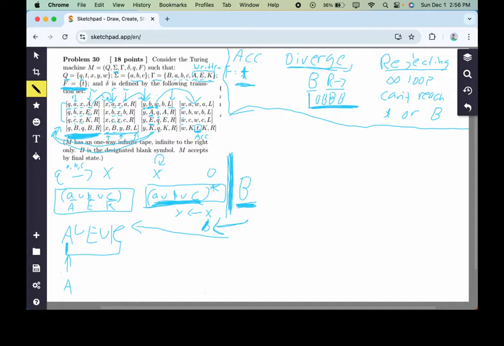I'm in state Y, and I read myself a B. This B tells me that having a B at the end of the string, because remember, I had a period here, the B, and I went to the left, the first character I saw was a lowercase b. This passes the test and brings me from state Y to state W.